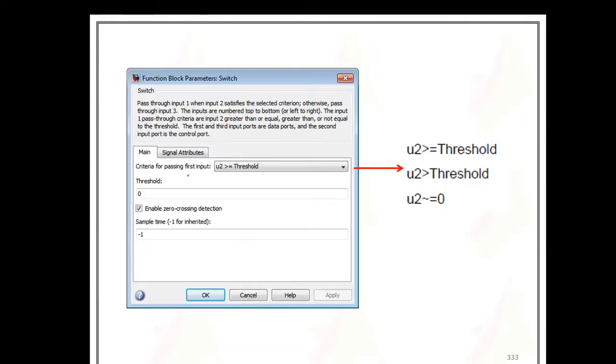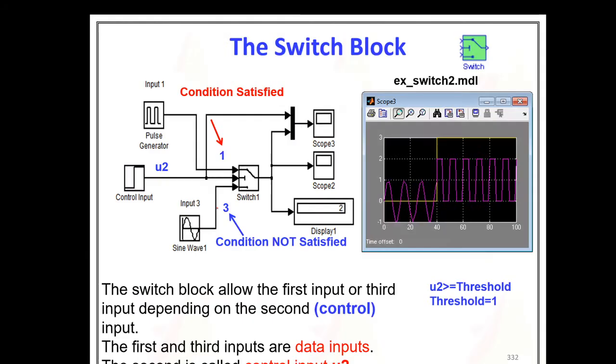If you double click the switch, you get the criteria for passing the first input. I am giving the threshold value here, 1, 2, 3, 4, whatever it may be. U2 may be greater than, less than, or equal to the threshold.